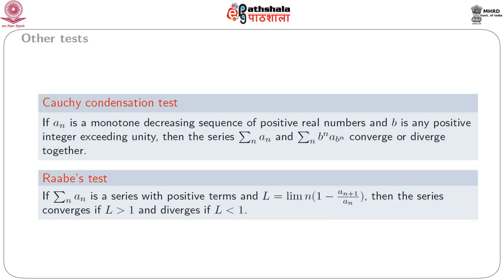Next, our next test is Raabe's test, where we assume that summation a_n is a series with positive terms, and L is defined as limit of n multiplied by (1 minus a_(n+1) by a_n), then the series converges if L exceeds 1 and diverges if L is less than 1.